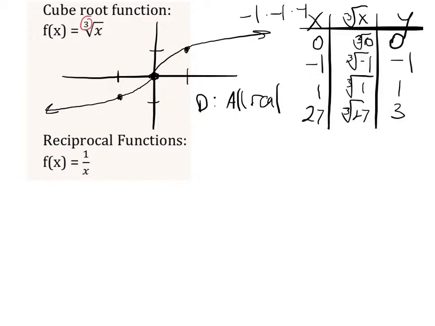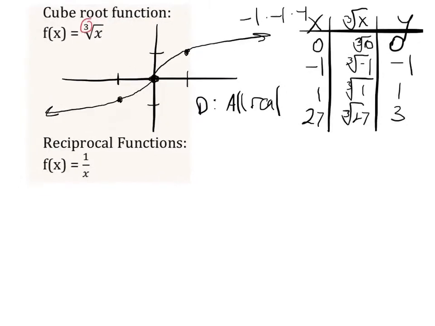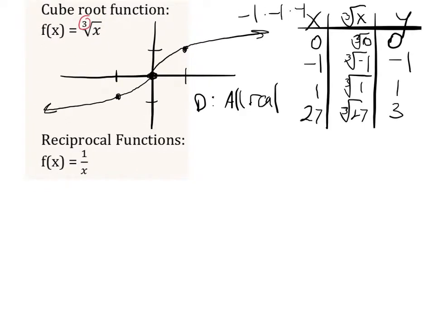Okay, so we're going to do a reciprocal function. And first we can look at the domain and kind of see how this thing should look. Our reciprocal function has a domain of all x's, provided that x doesn't equal 0, because again we can't divide by 0. And so what that tells us is that we are never going to cross an axis.